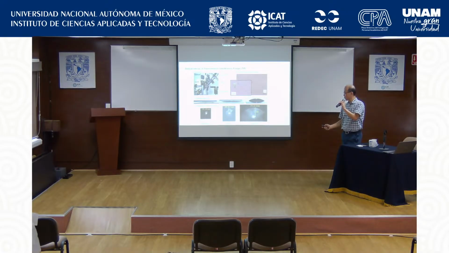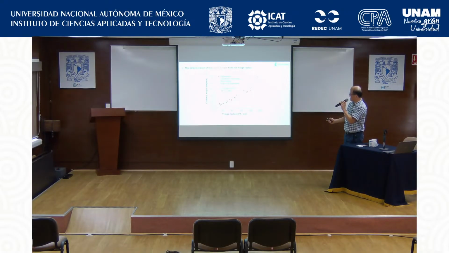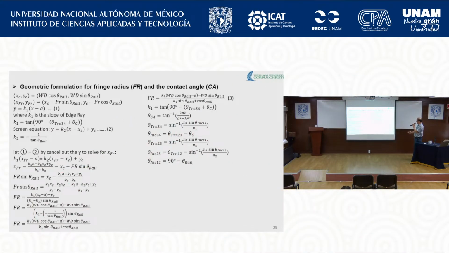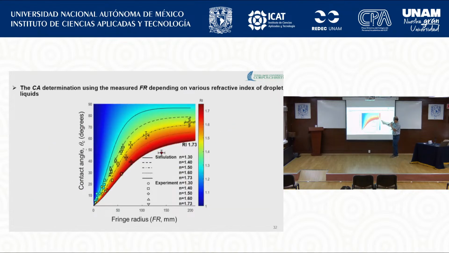With transmission interference fringe techniques, we intentionally change the liquid RI, because the liquid RI directly affects the fringe radius, since light is refracted in proportion to the RI of the liquid. This can be used for an unknown liquid refractive index: if we measure the fringe radius, we can determine the RI of the liquid.